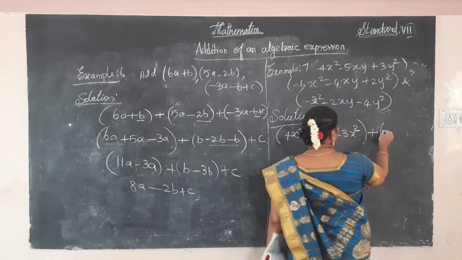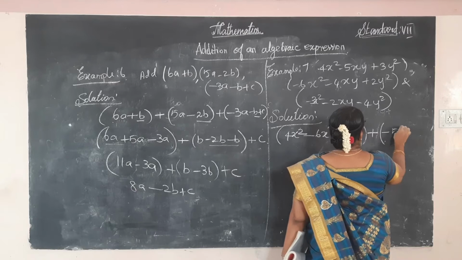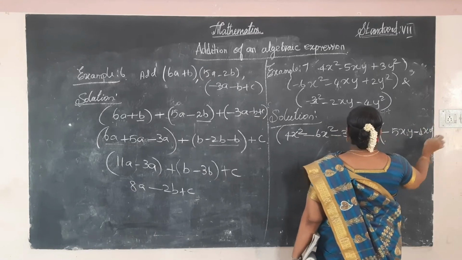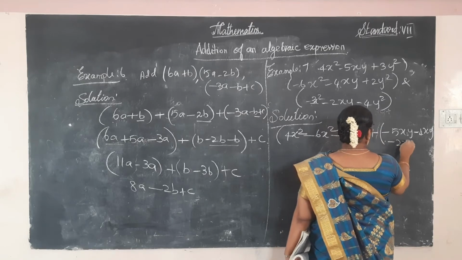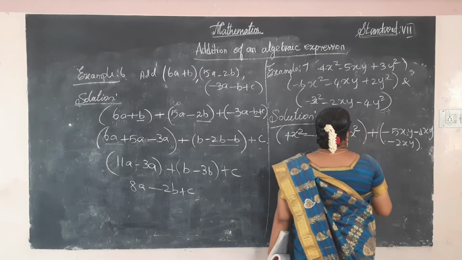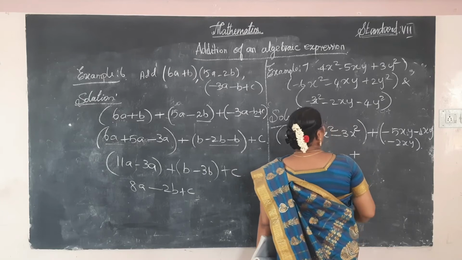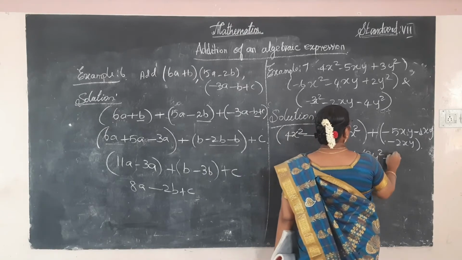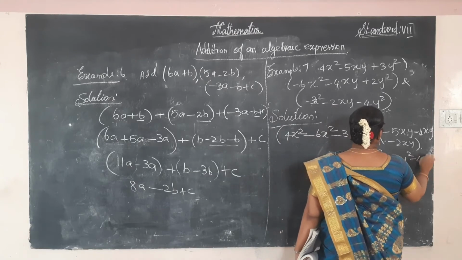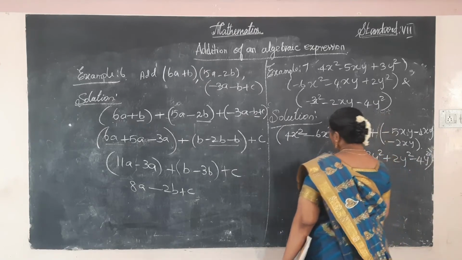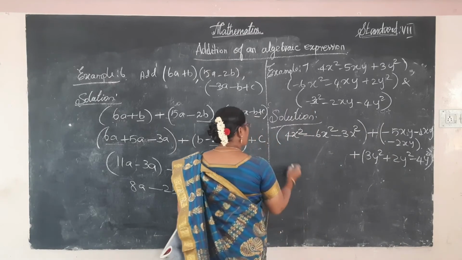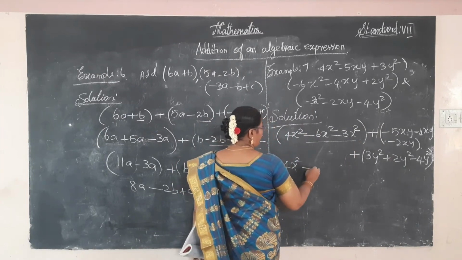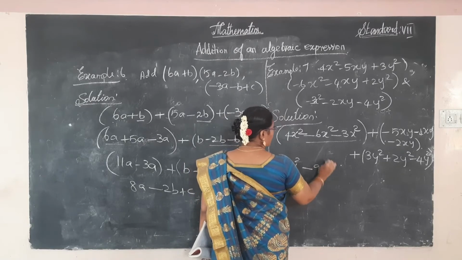Write minus 5xy minus 4xy, and then minus 2xy, and next the like terms, plus 3y squared plus 2y squared minus 4y squared. Now simplify the like terms. 4x squared and 6x squared, both having the same sign, so add and put the same sign, 9x squared.